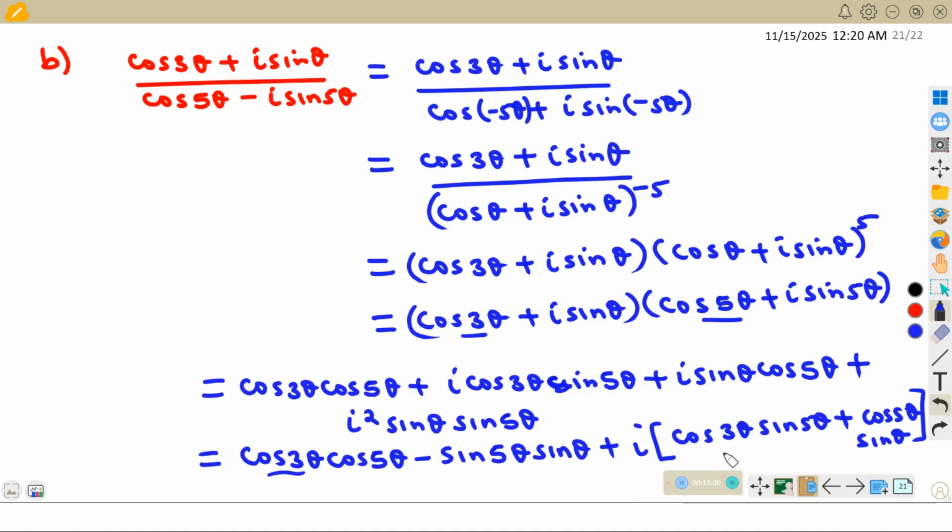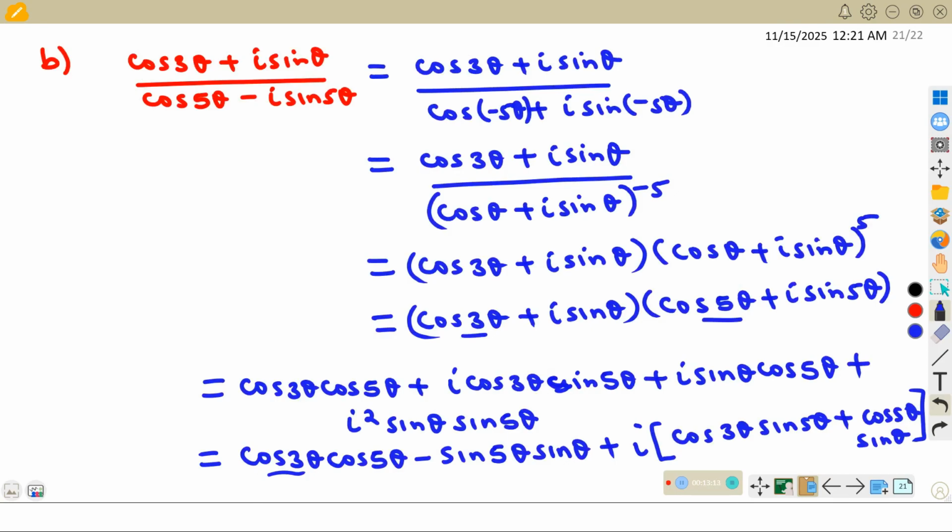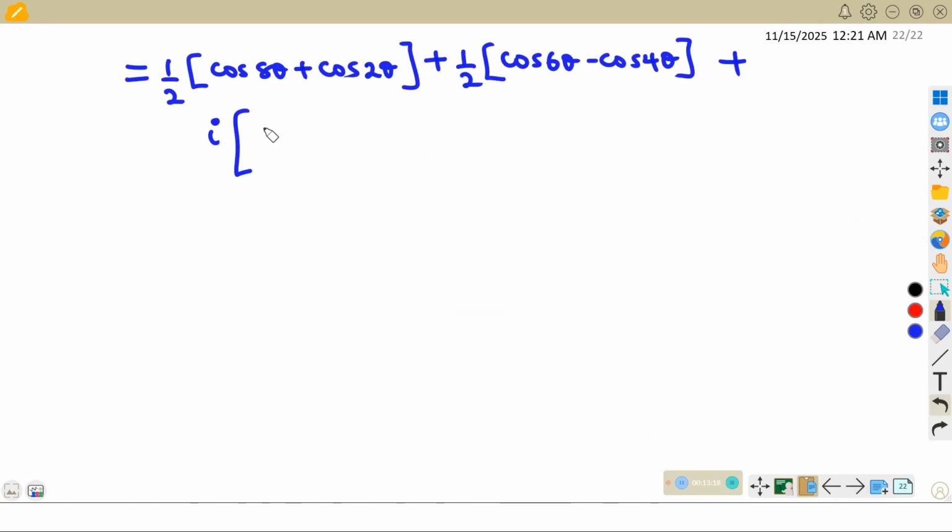So next we shall have i, this is sine 5 theta cos 3 theta. So next is plus i into, so here you are having sine 5 theta cos 3 theta. That one comes from sine plus sine. So there must be a half first.